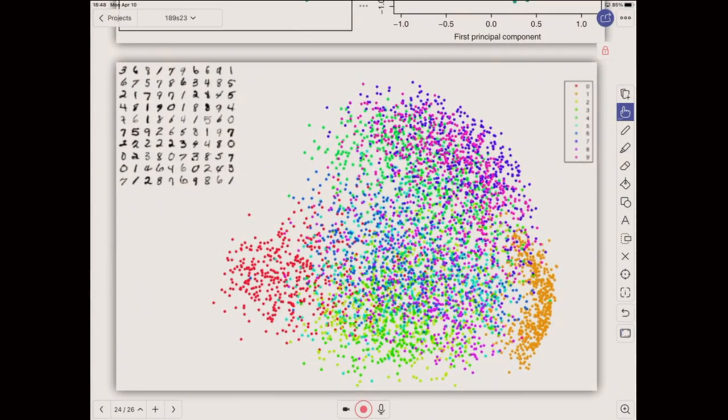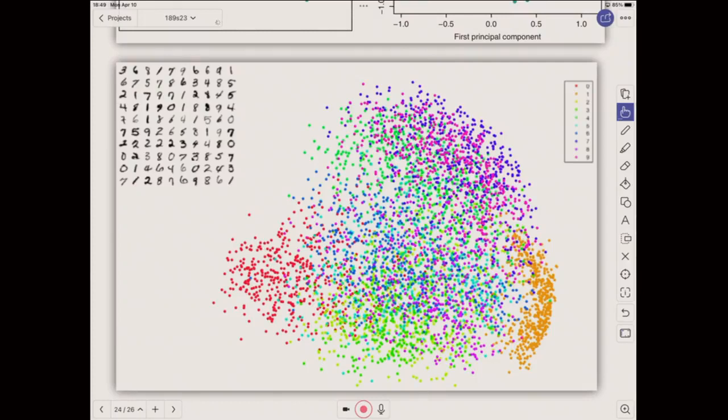And so what we're doing is we have points in a 784 dimensional space because they're little 28 by 28 bitmaps. So that's a 784 dimensional space.